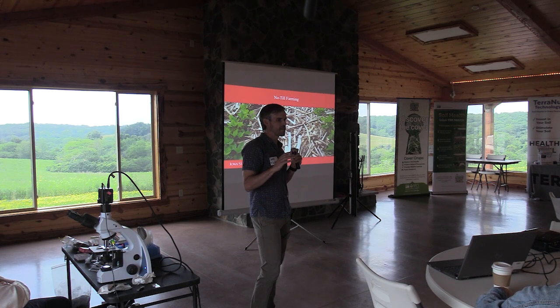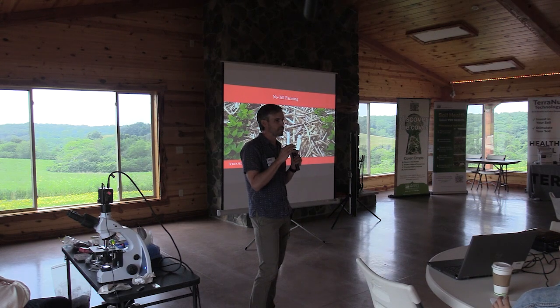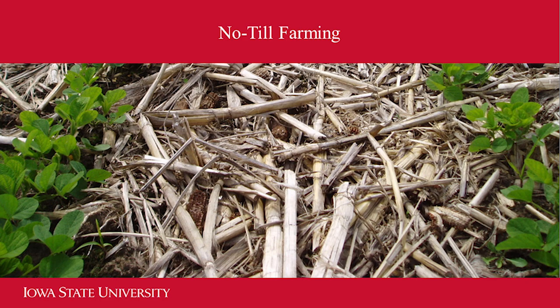So one of the main benefits of no-till farming is that it helps keep our soil structure intact. We talked all about these microbes, right? But what they really need are those soil pore spaces to live in. They live in those little pockets of either water or air, and if those aren't present, we have no habitat for our soil.